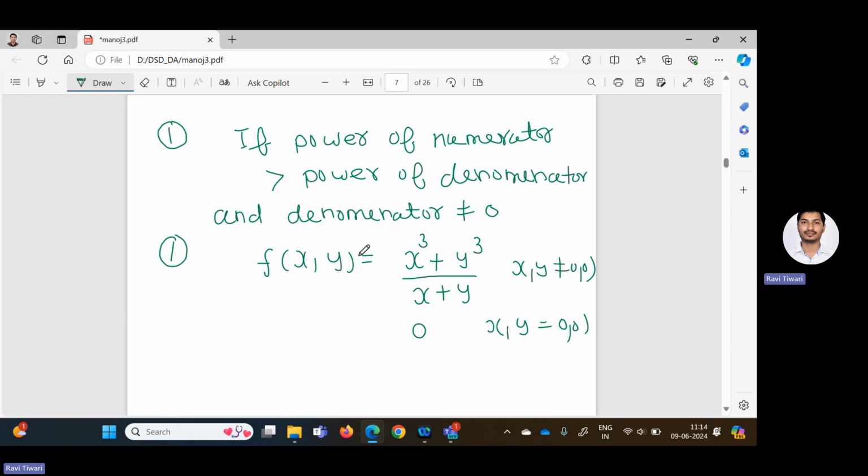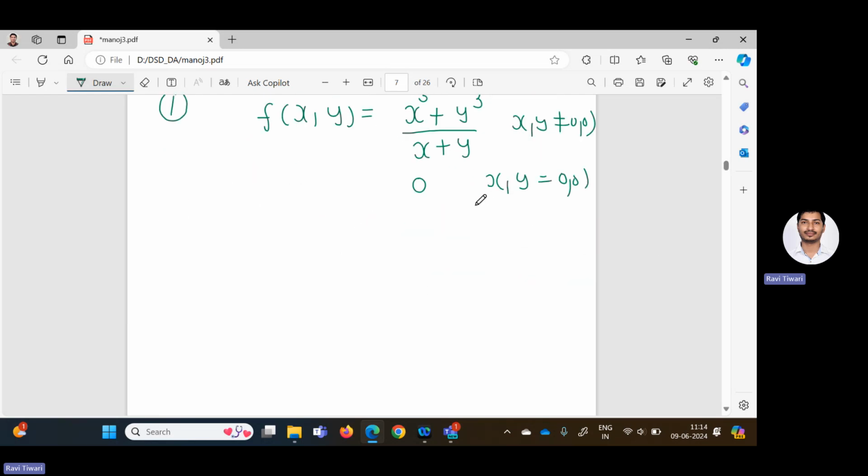In this question, if you choose any path, always you will get limit 0. But when you choose the path along y equal to minus x, then what will be the limit?